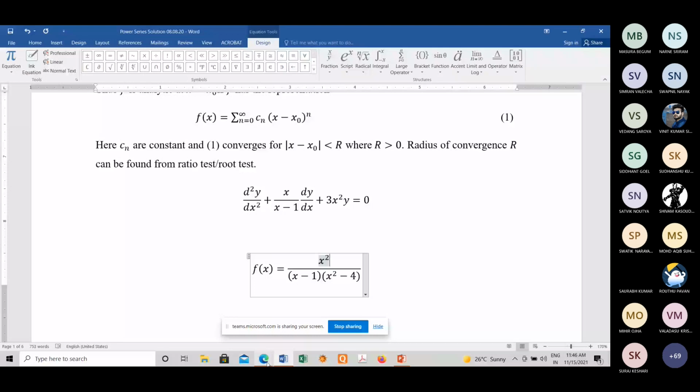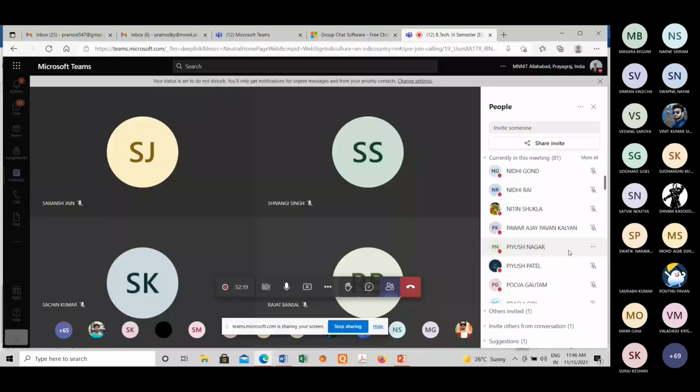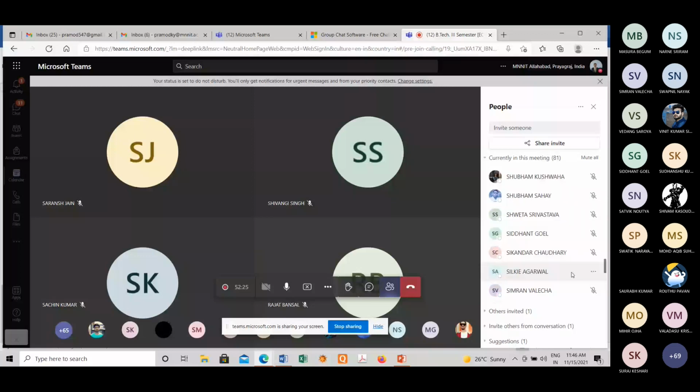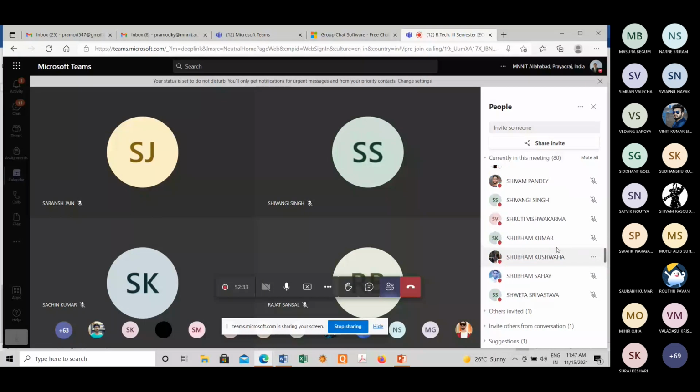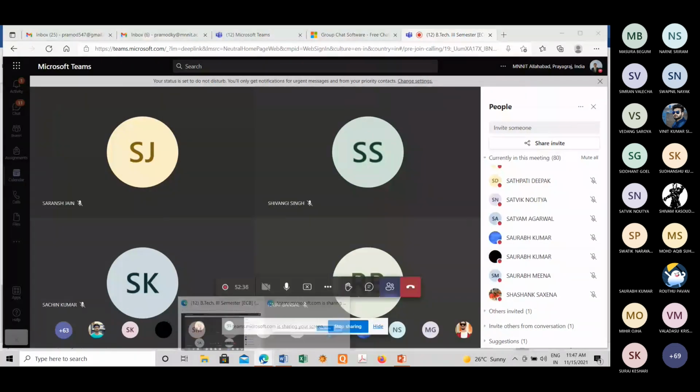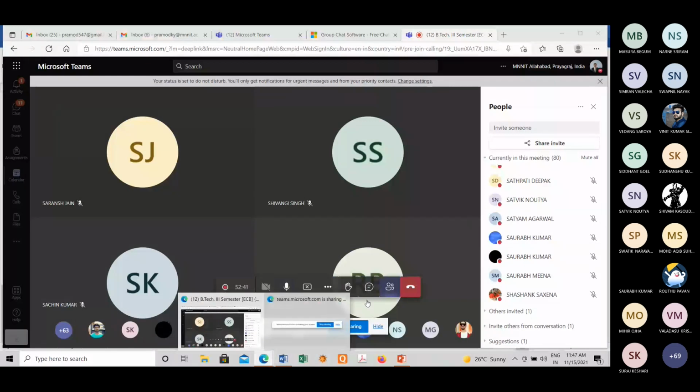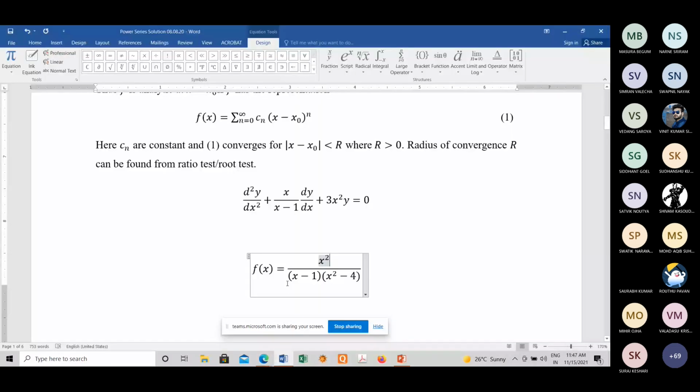Yes, who will tell? Nidhi. Whether this function is analytic?